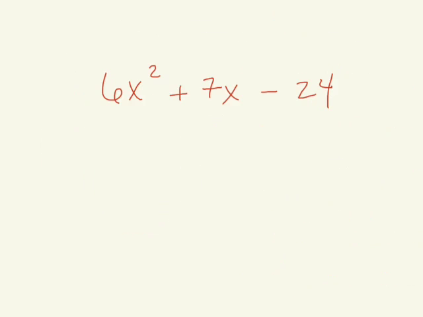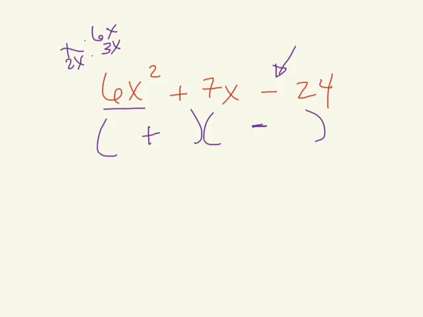Let's show you. Okay, so first step, if you read back on your notes, is to put your parentheses. Second step is to determine your sign using C. It's negative, so that means one's positive and one's negative. Third step is to factor A and C. Let's factor A. This is x times 6x. It's also 2x times 3x.